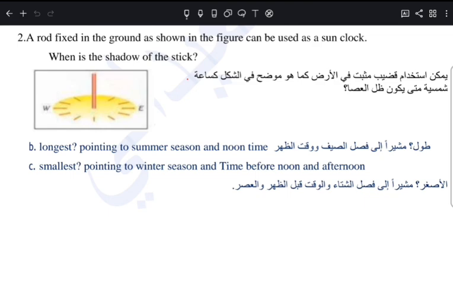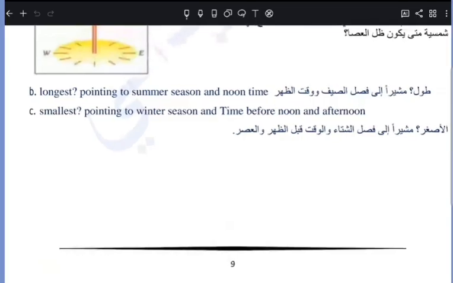Longest pointing... wait. A rod fixed into the... longest? No, no, it's that. Wait.